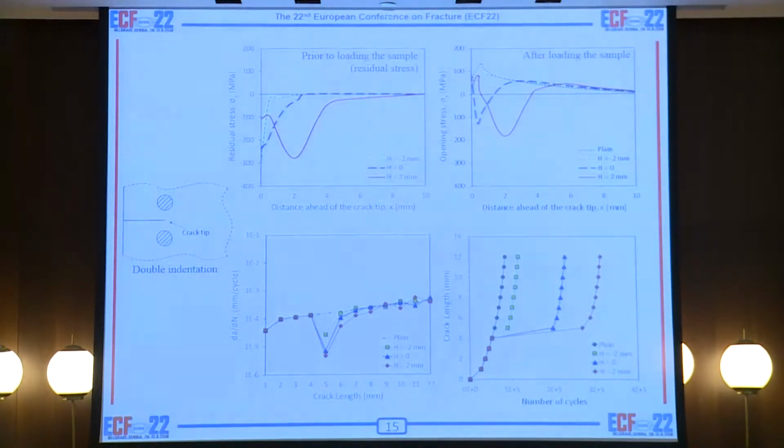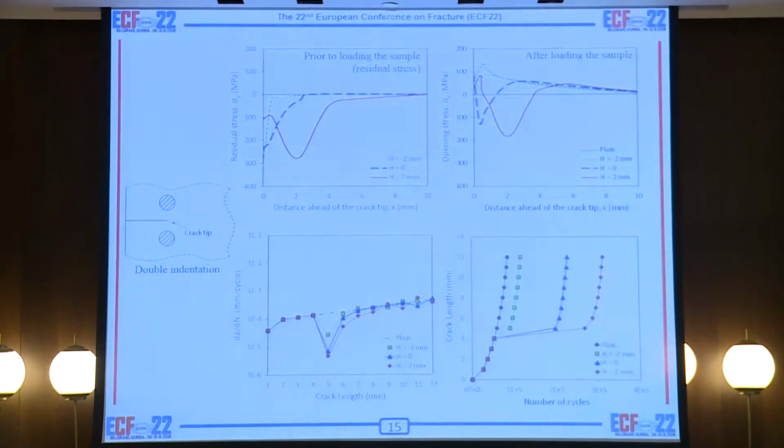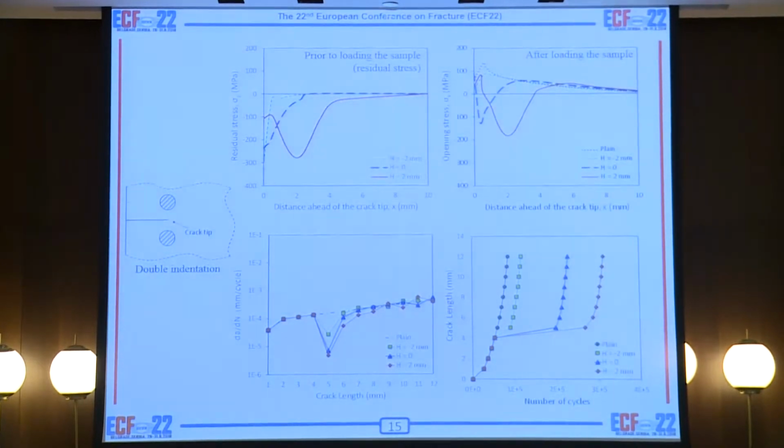And again, you can see that the best location, which results in the higher compressive residual stress, is h equal to 2 millimeter, which means that the indentation should be in front of the crack tip. And here you can see different fatigue crack growth rates for different cases.